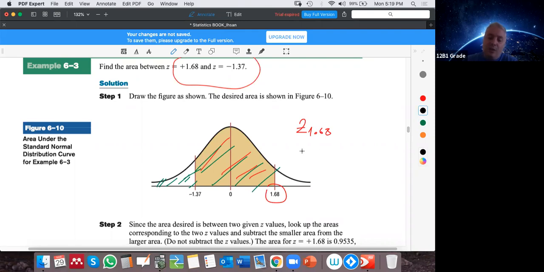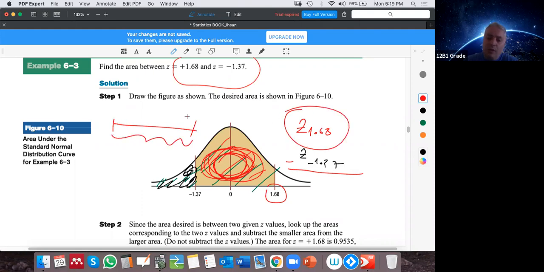Then calculate z of negative 1.37, which is only this area. When you subtract them, the result is only this part. On the number line, this is all of z, and this is z at negative 1 point something. So when I subtract one result from the other, this is the thing I want to see.